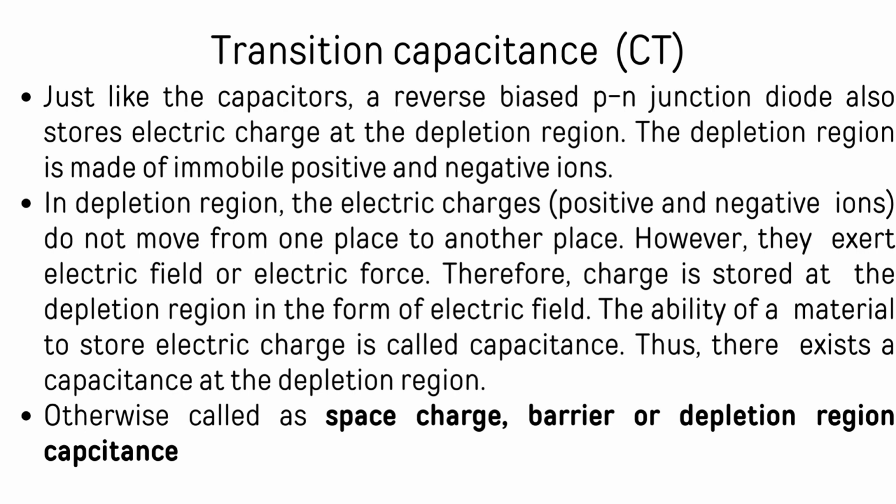However, they experience electric field or electric force. Therefore, charge is stored at the depletion region in the form of an electric field. The ability of a material to store electric charge is called capacitance. Thus, there exists a capacitance at the depletion region, otherwise called space charge, barrier, or depletion region capacitance.